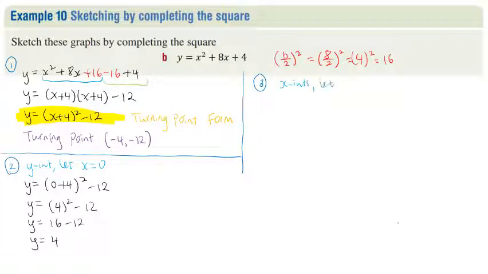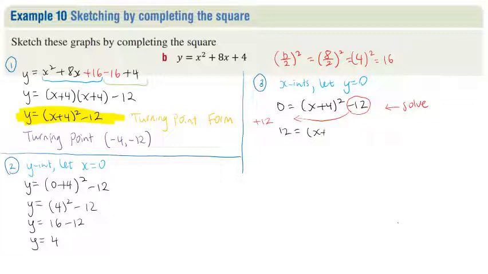X-intercepts, let y equal 0. So I've got 0 equals (x plus 4) squared minus 12. And remember, now I solve. So plus this 12 onto the other side. 12 equals (x plus 4) squared. Then plus minus square root.